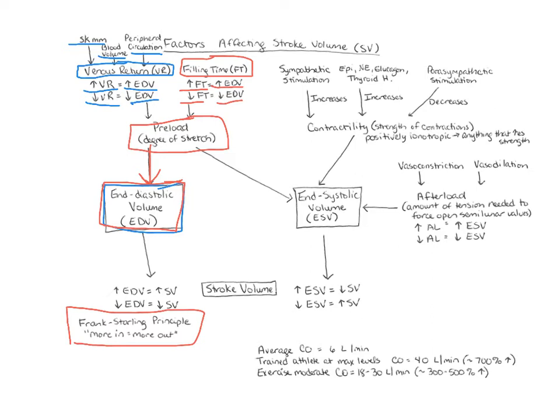So when we relate this to stroke volume, if you have a higher end diastolic volume, you're going to end up with a higher stroke volume. More in, more out. And if you have a decreased end diastolic volume, you're going to have a decreased stroke volume. Less in, less out.